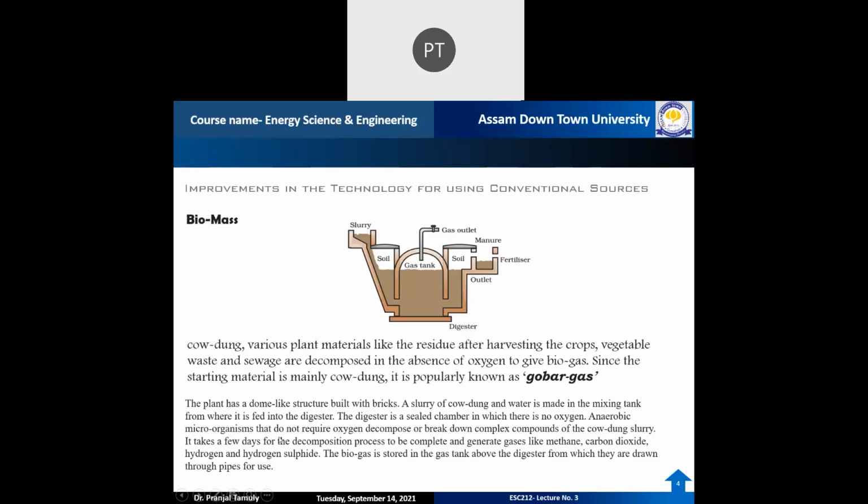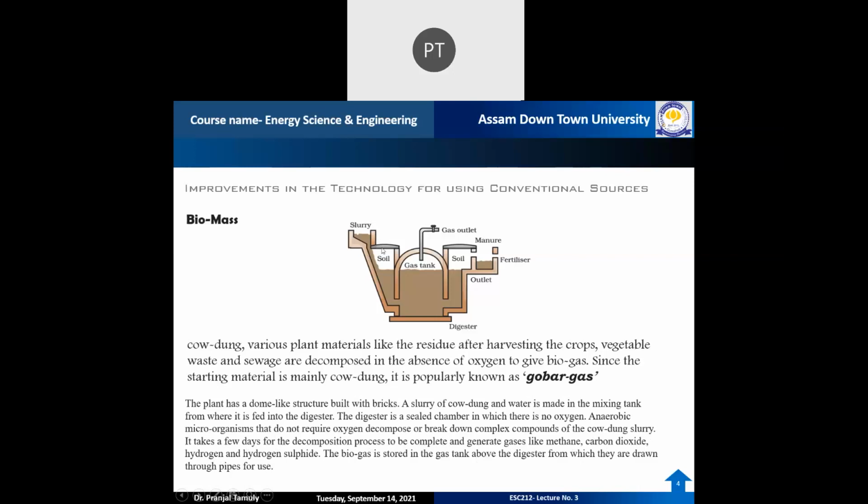Anaerobic microorganisms that do not require oxygen decompose or break down the complex compounds of the cow dung slurry. It takes a few days for the decomposition process to complete and generate gases like methane, carbon dioxide, and hydrogen sulfide. The biogas is stored in the gas tank above, from which it is drawn through pipes for use.